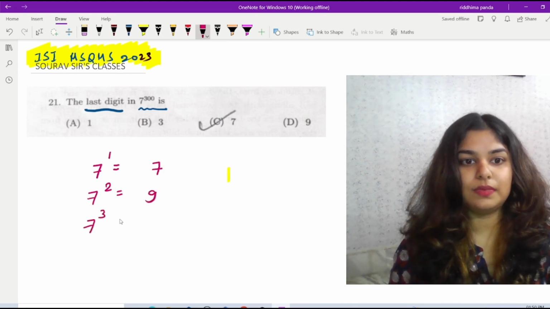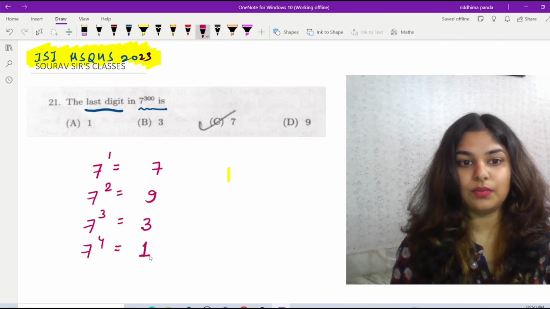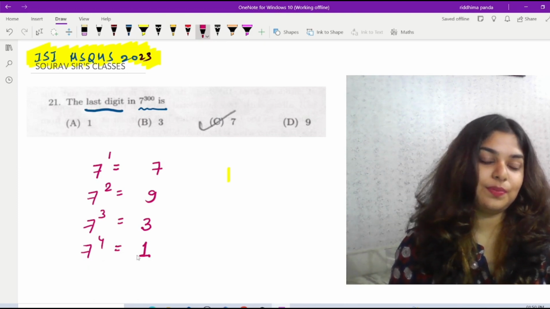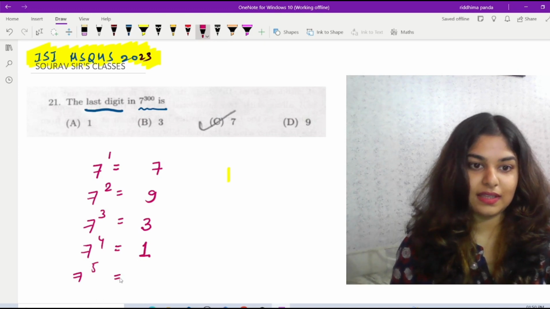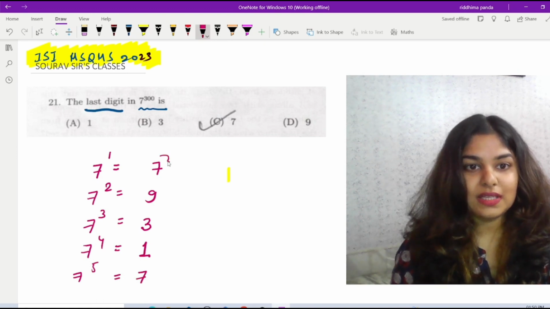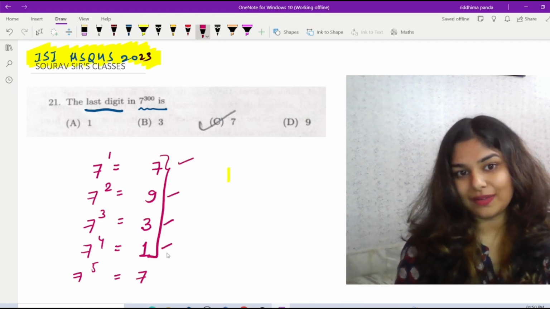For 7 cube, the last digit will be 3. For 7 to the power 4, the last digit will be 1. And when we go for 7 to the power 5, again the last digit will be 7. That means after every fourth power, we repeat this pattern of 7, 9, 3, 1.